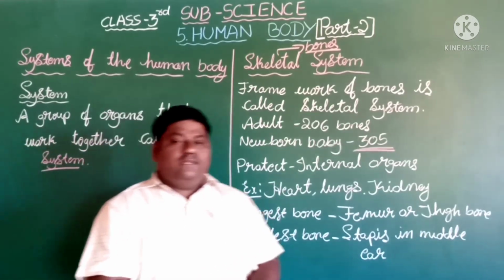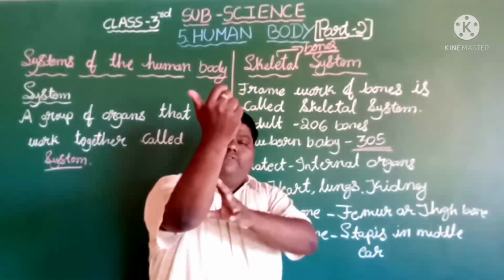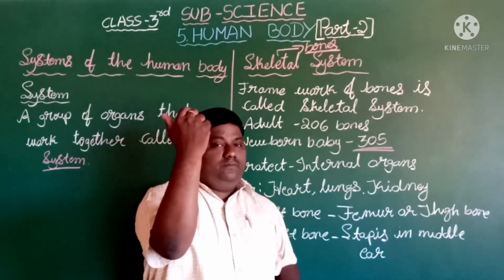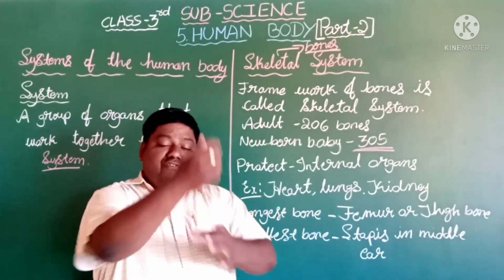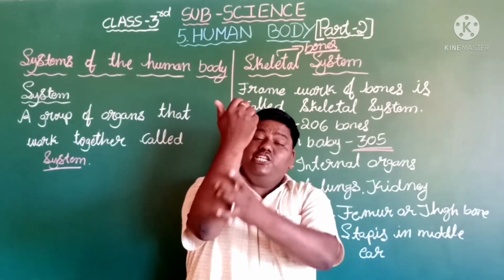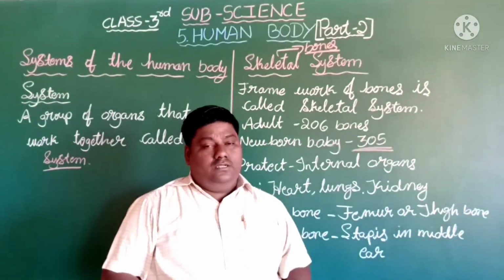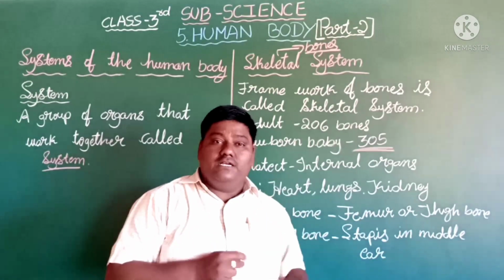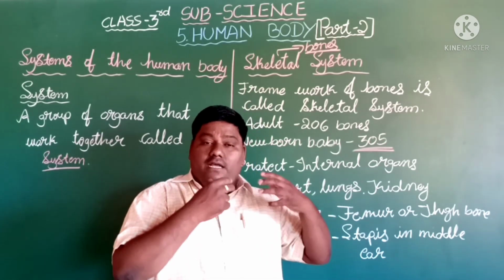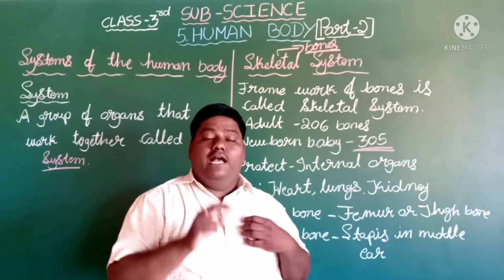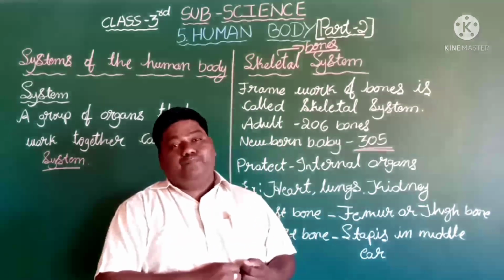Dear children, I am giving one example. See here, in our hand, from here to here, we are seeing only one bone. But in a newborn baby, we are seeing two or three joints. In the leg and in the other parts of our body also, a newborn baby has many joints.